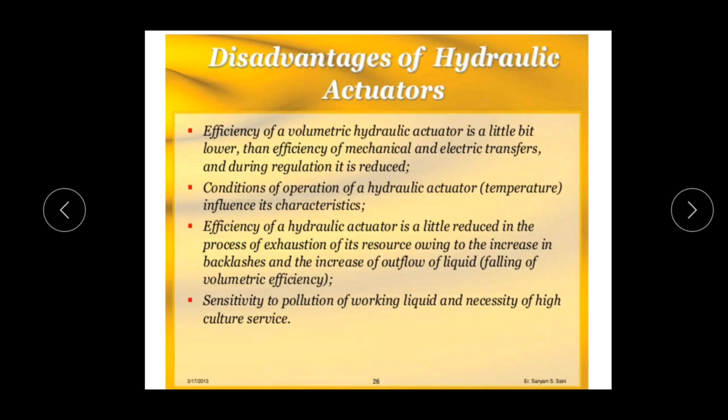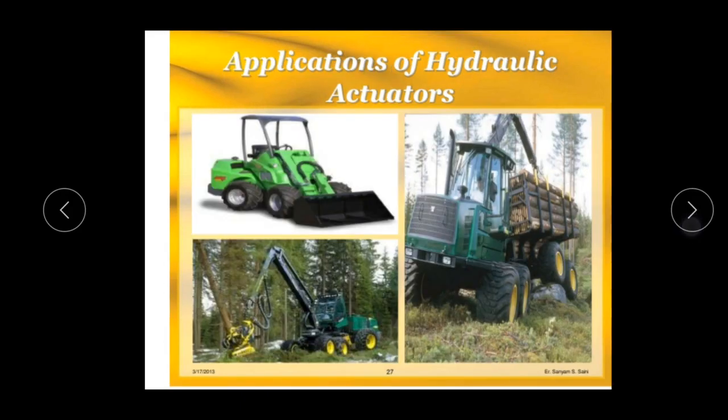The efficiency of a hydraulic actuator is a little reduced in the process of exhaustion of its resources, owing to the increase in backlash and the increase of fluid outflow, which lowers volumetric efficiency. Also there is sensitivity to pollution of the working liquid and the necessity of high culture of service.